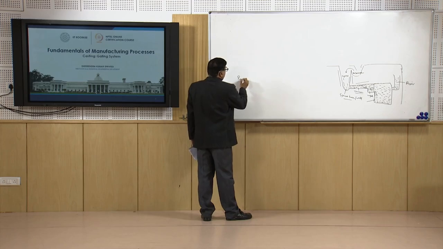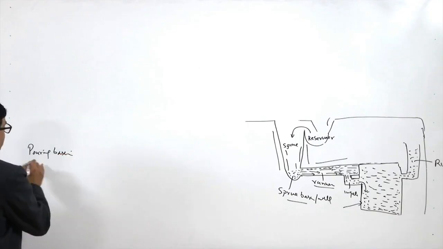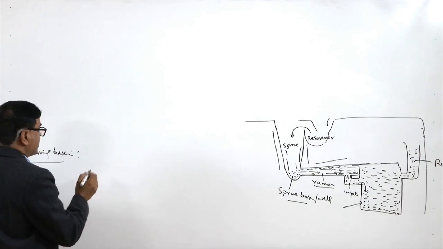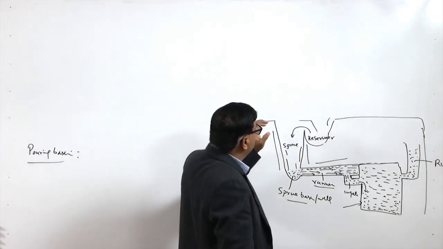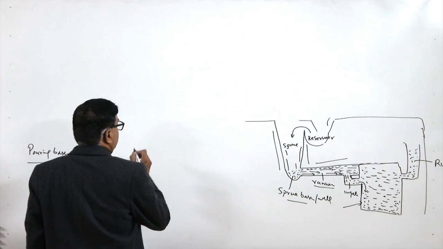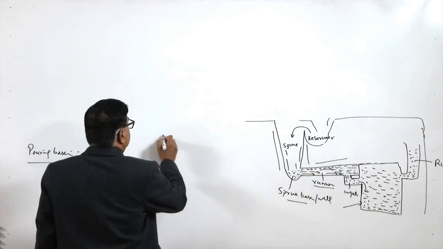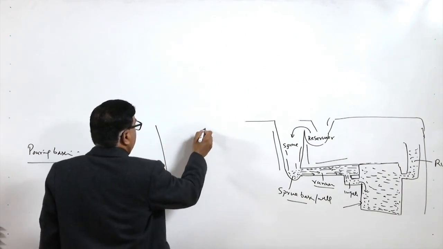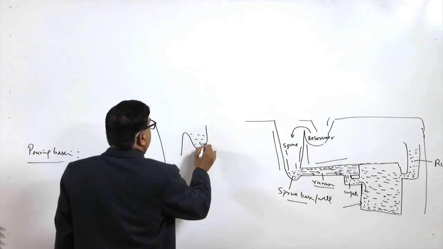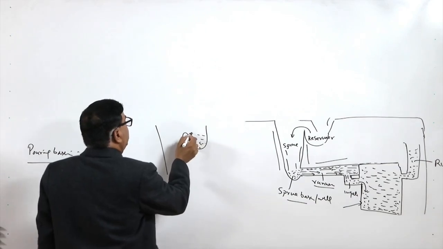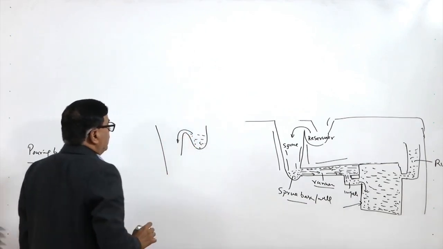First is the pouring basin. As I have said, this is the reservoir of the molten metal which receives the molten metal, and it can be designed in two ways. One is simple like this. Here the molten metal is there, and then it reaches the sprue.